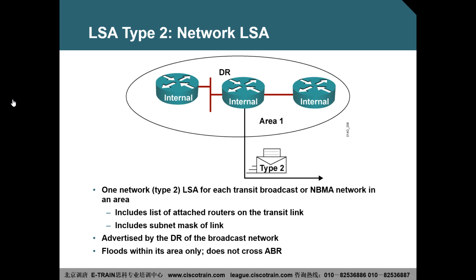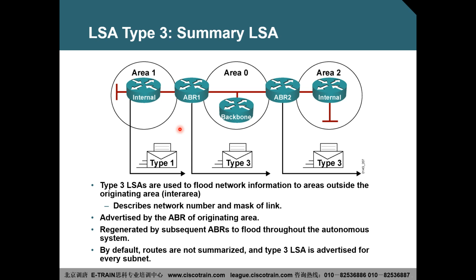The designated router is the router that is known to all routers in a broadcast environment. Alright, so now let us move on to the third one. Yes, read it yourself.